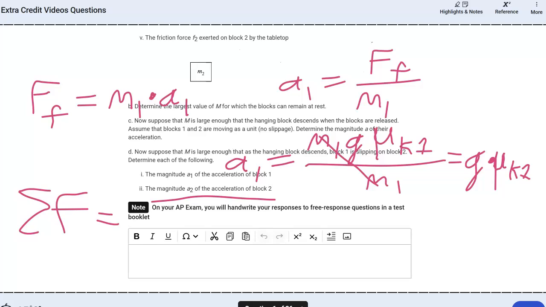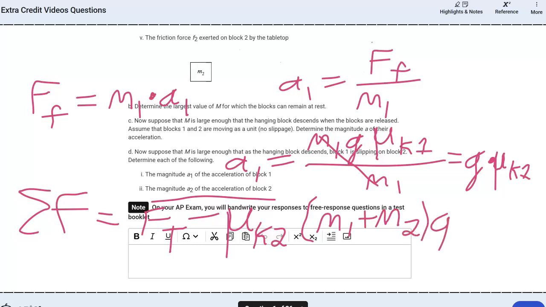Our sum of forces is going to be our tension force minus frictional force, which here is going to be mu K2 times g, and then minus the frictional force acting upon block 1.